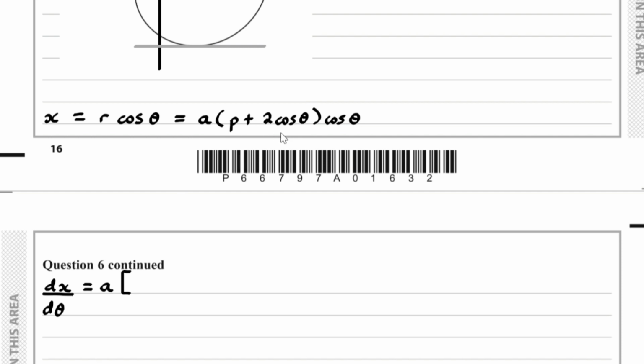We've got the cos theta multiplied by the derivative of p plus 2 cos theta, which is minus 2 sin theta, and then we add on p plus 2 cos theta multiplied by the derivative of cos theta, which is minus sin theta.